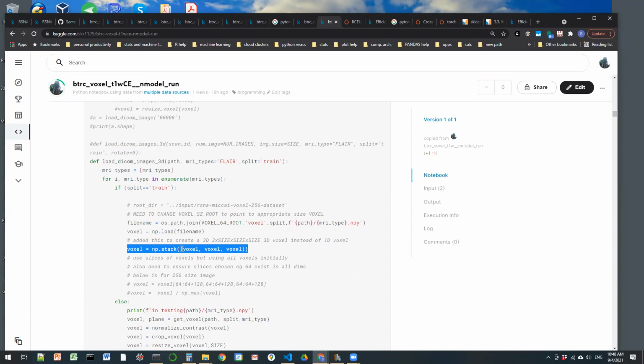The code you've used here to create these voxels, is that from the notebook that takes the DICOMs and converts them to PNGs? No, Steve, I use this only for inference. It's a different notebook that Mehul had originally pointed to, which creates the voxels all of the same dimension, meaning 64 by 64 by 64 or 128 or 256.